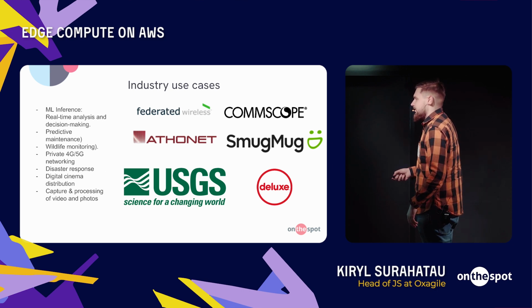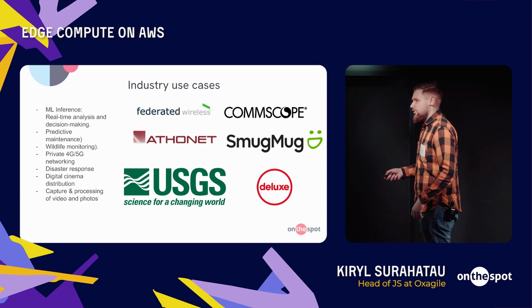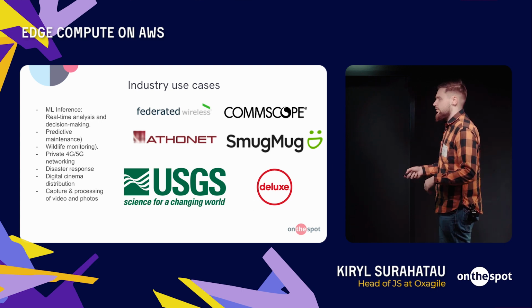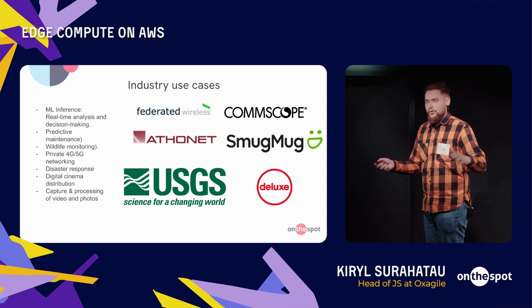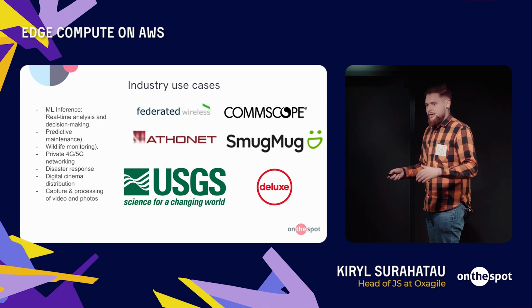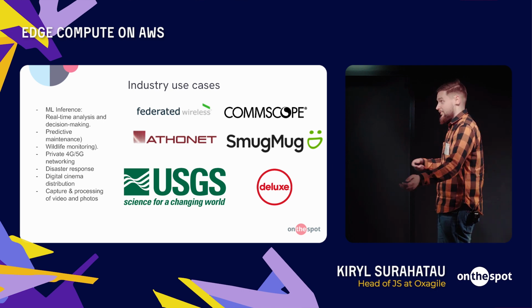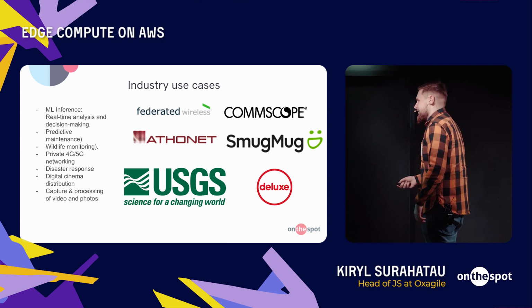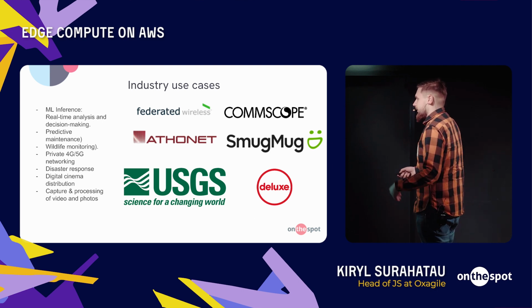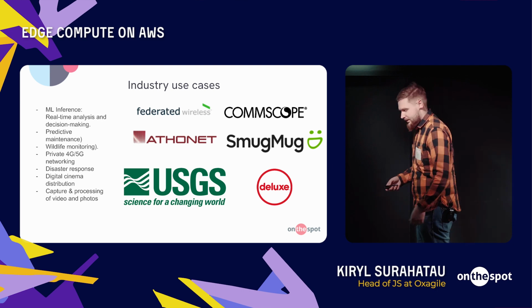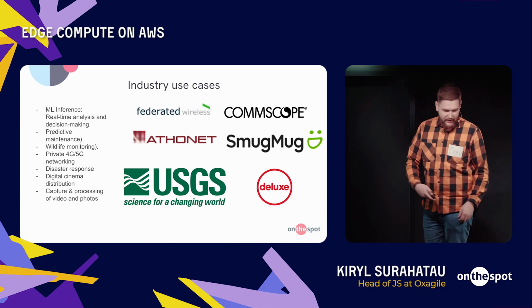United States Geological Survey actually used this device. You probably heard about the story. It was in an AWS blog post. They used Snowball Edge devices to migrate the data from a server room that was located near an erupting volcano. So basically, they were saving the data, and the environment was extremely rough, as you can imagine. Yeah, and Deluxe are using it to capture and process videos and photos as well as SmugMug. So a much less extreme case.